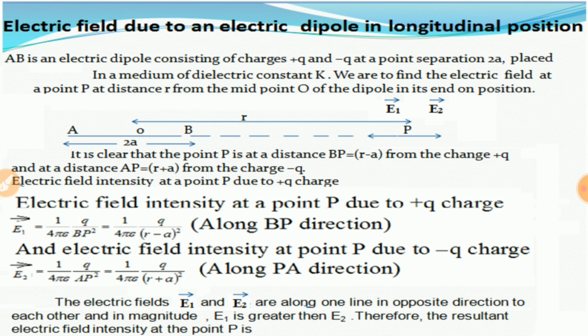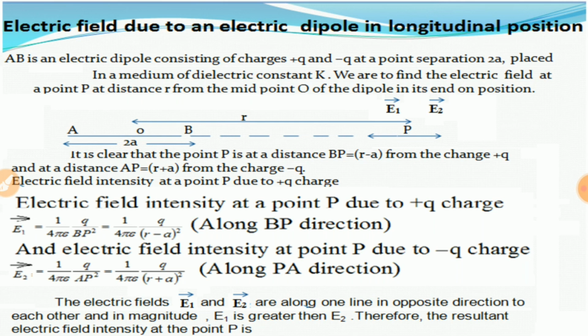The electric field intensity at point P due to the minus q charge is vector E2 equals 1 upon 4 pi epsilon q upon AP square, that is 1 upon 4 pi epsilon q upon (r plus a) square, along the PA direction.